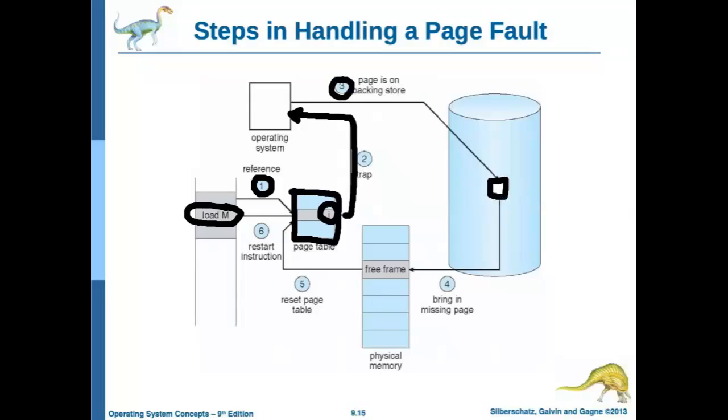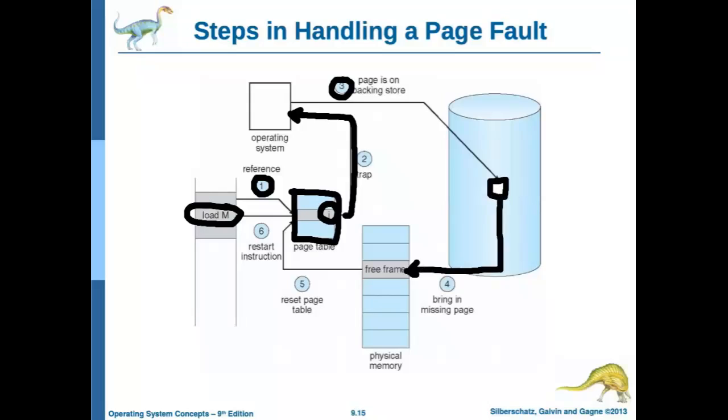Now this page has to be loaded. That is step number 4. And again for that you need to find a free frame, and then bring in the missing page. Now my question is, if there is no free frame available, what to do?